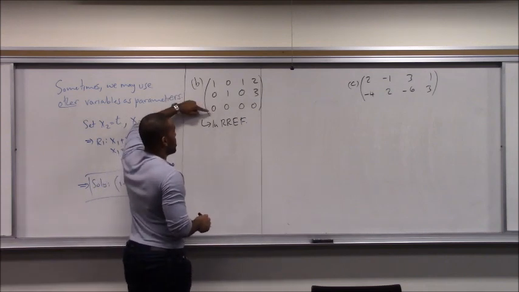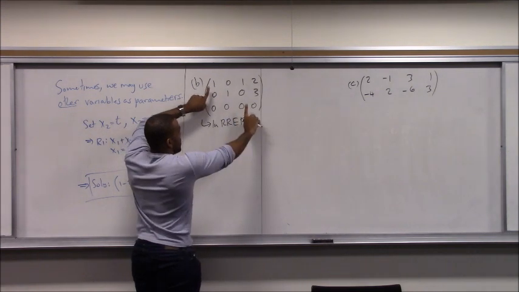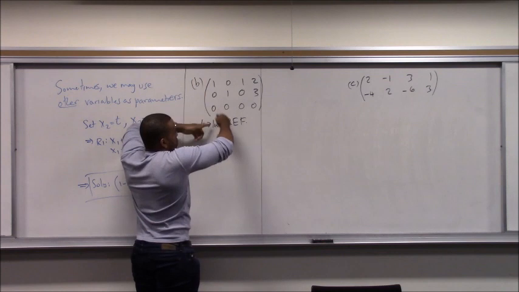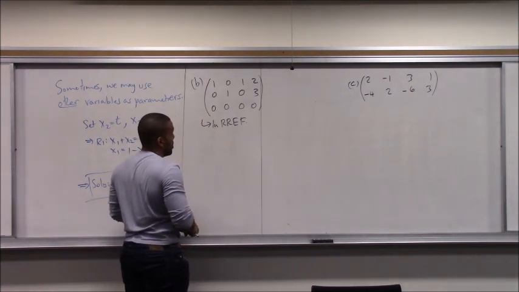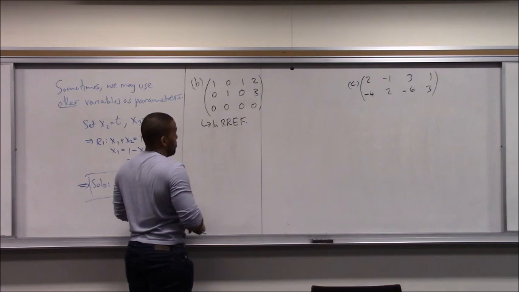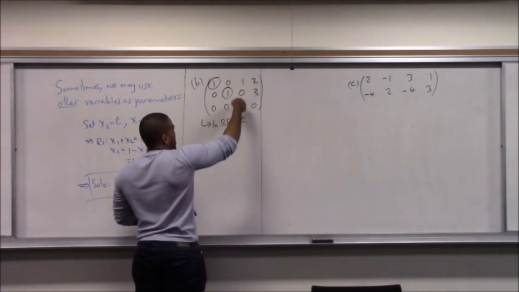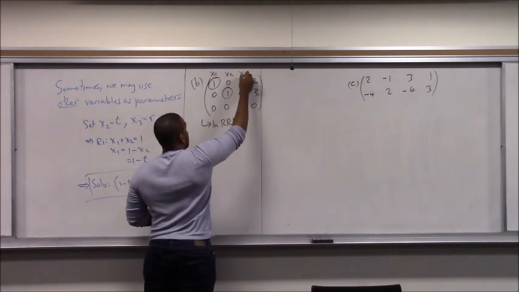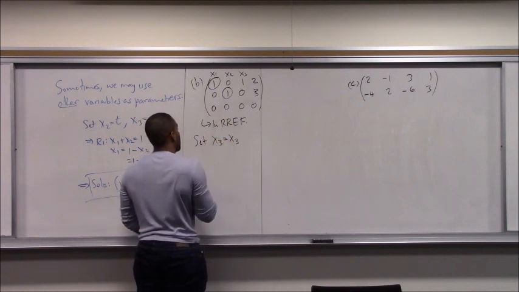Any row of zeros is at the bottom, the first non-zero number in each row is a 1, all ones appear to the right of the ones above them, and these ones are the only non-zero numbers in their column. Therefore, this is reduced row echelon form. Notice that this is a pivot, that's a pivot, which means the third column has no pivot. So if this is x1, x2, x3, I would set x3 equal to itself.